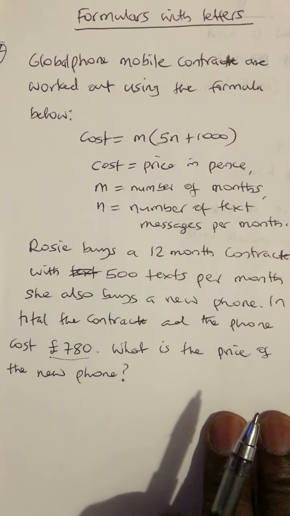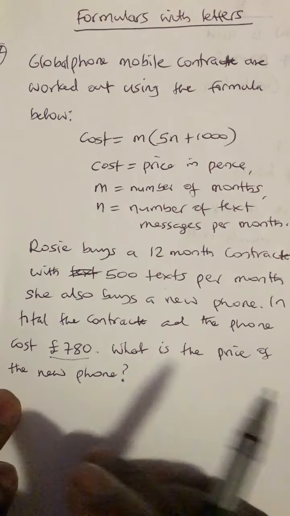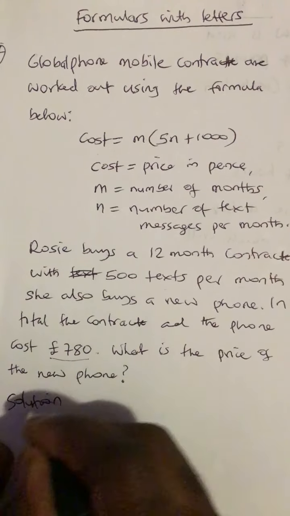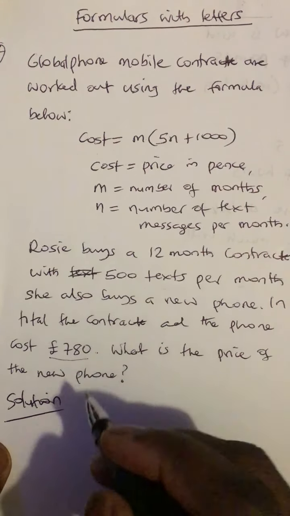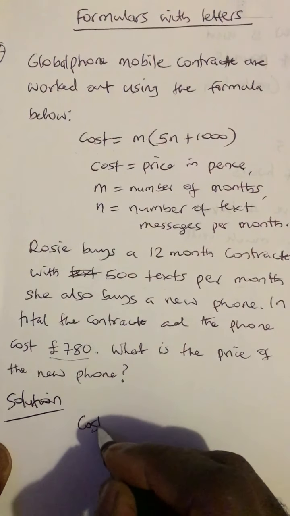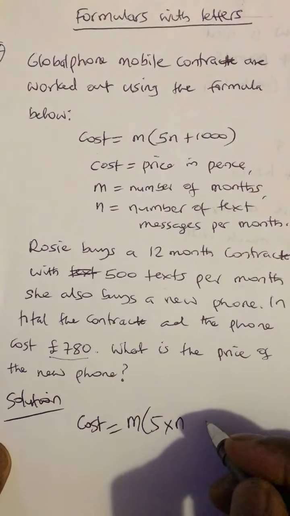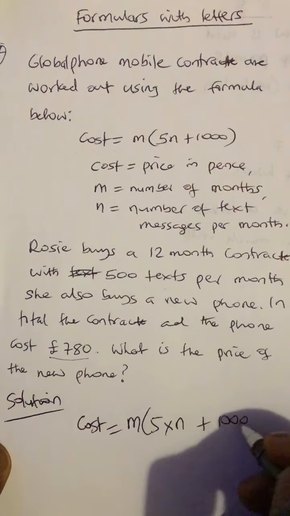We have the formula already: the cost of the contract is equal to M times 5 times N plus 1000.